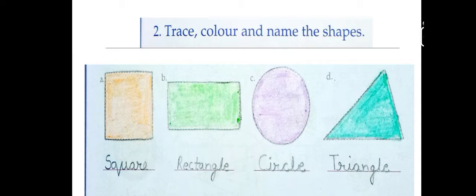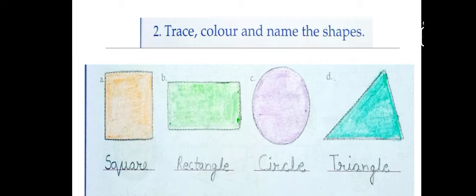Next step is we will color the shape, and next we will write the spelling, RECTANGLE. Students, we will revise once again. In rectangle, opposite lines are equal, means सामने सामने की दोनों लाइंस बराबर होती हैं.